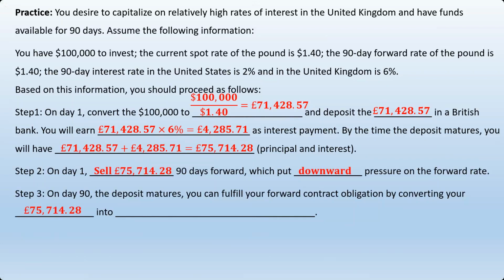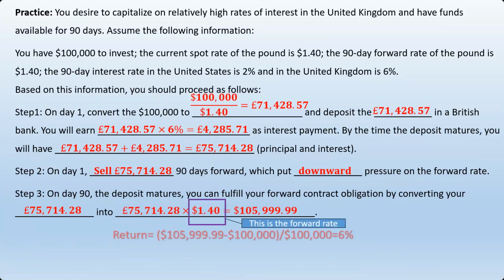The US dollar amount is determined by the forward rate, so it will be this amount times 1.4. This is a forward rate, it's not a spot rate. So it will be around 106,000. If we calculate, the return is 6%.